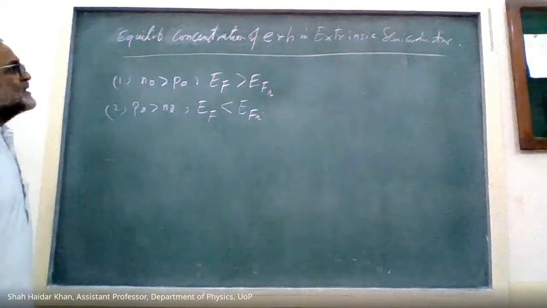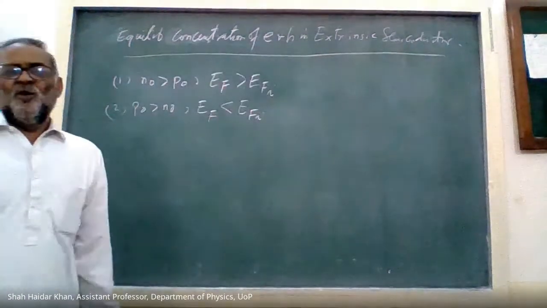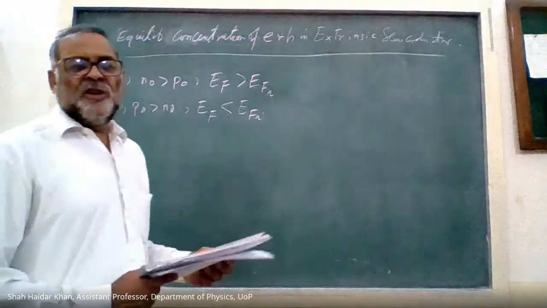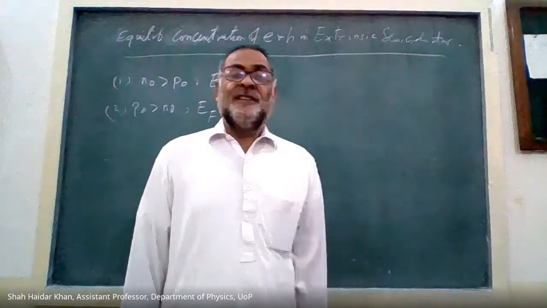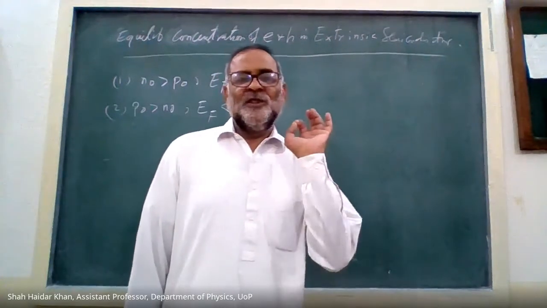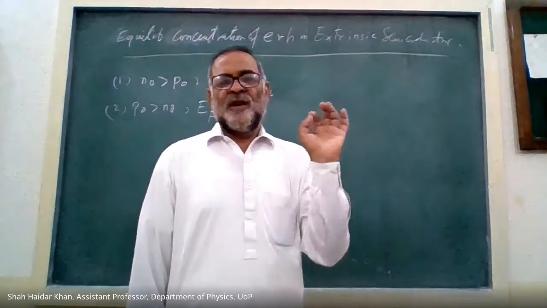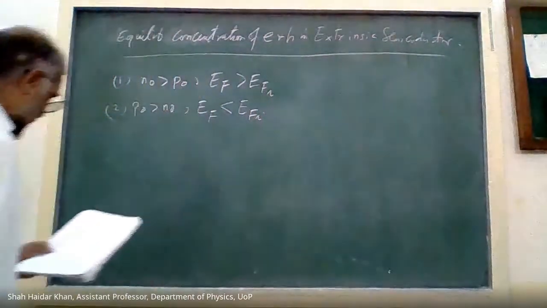So let us find the equilibrium concentration of holes and electrons when the semiconductor is extrinsic. You have put some donor impurities, or some acceptor impurities into it. So let us find that.